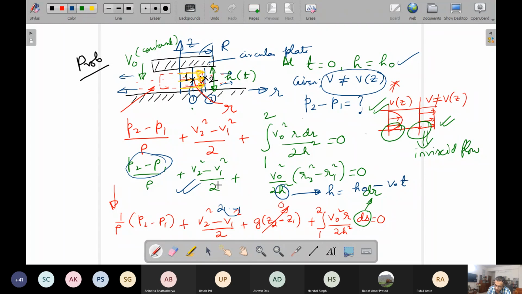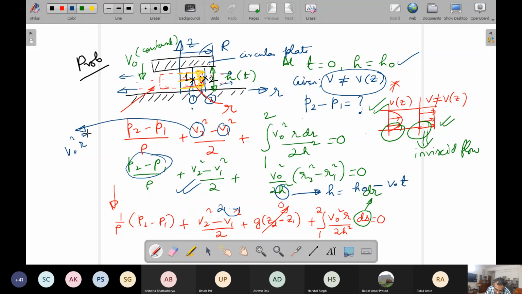So V1 and V2, you know, V as a function of R, you can also write in terms of R. That means V2 square will be what? V equal to what? V0 R by 2H, right?